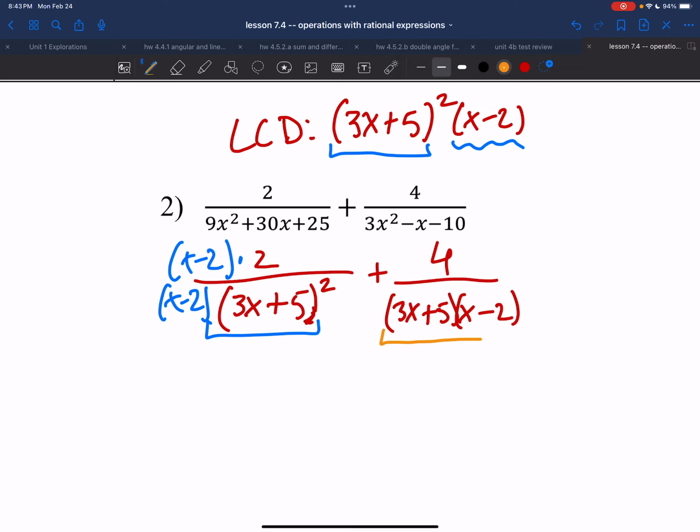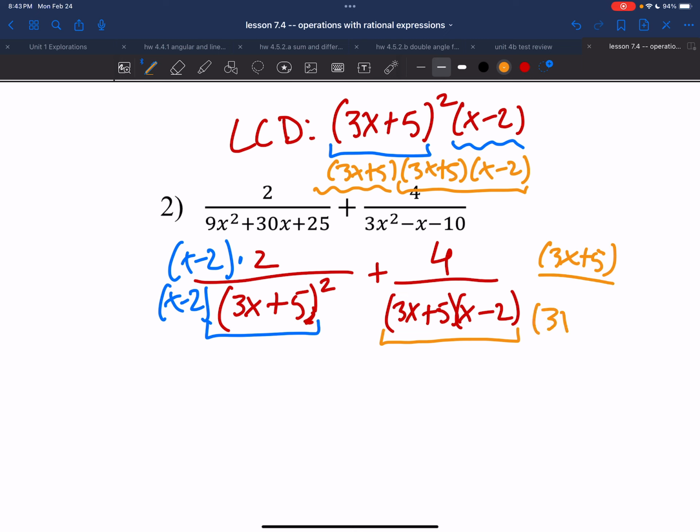Here, you have 3x plus 5, x minus 2. Well, 3x plus 5 times 3x plus 5, x minus 2, you have that within the LCD there, but what you're missing is the extra 3x plus 5. So you need to write 3x plus 5 top and bottom here.